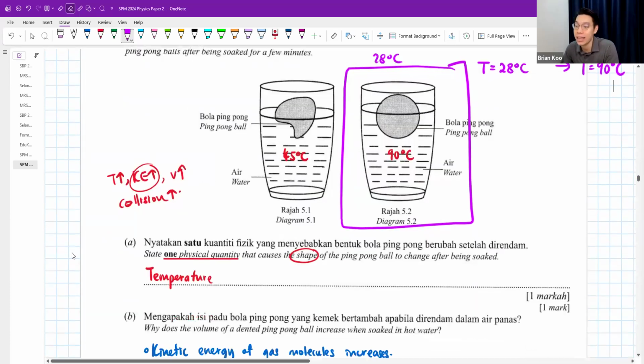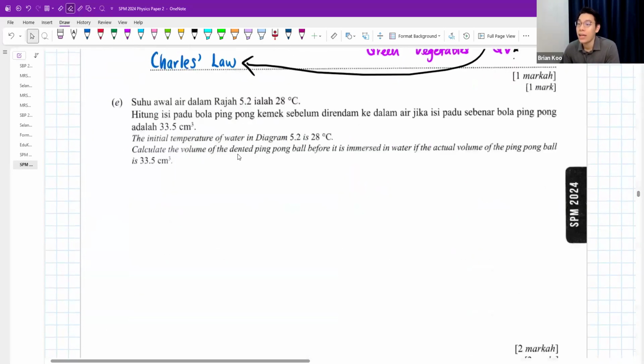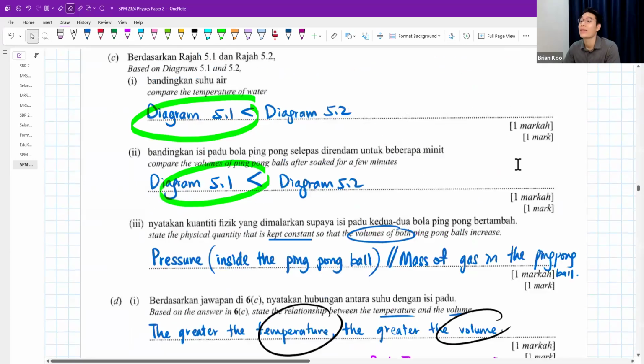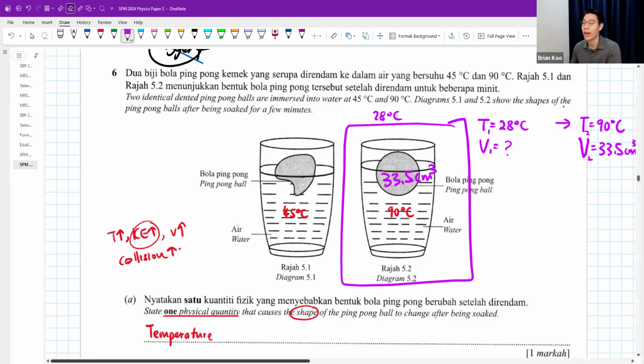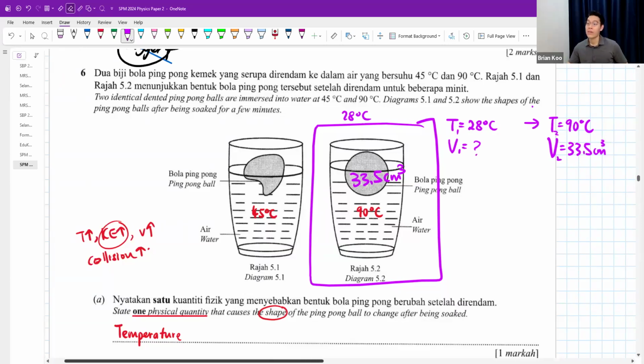Okay, and then they say, calculate the volume of the dented ball before it is immersed in water if the actual volume of the ping pong ball is 33.5. This is the actual one, the 33.5 cm cube. Be careful. So you actually have the volume, but you want the volume of the dented one at first. So we can call this T1, this one T2. Okay, we are referring to diagram 5.2 only.